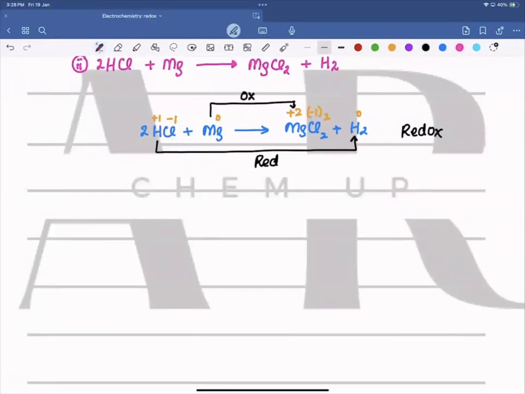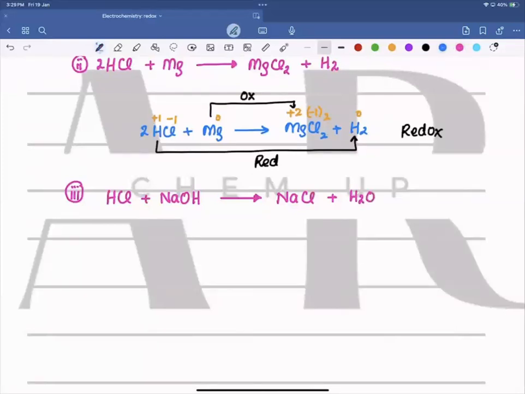Okay. Now have a look at the third example. Here we have hydrochloric acid reacting with sodium hydroxide, forming sodium chloride and water.